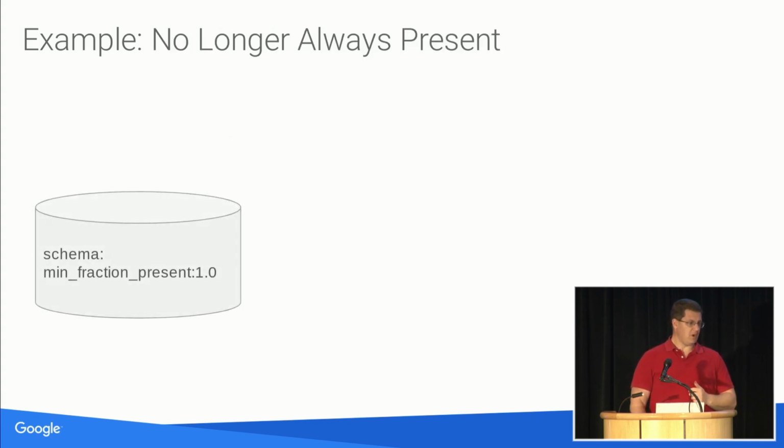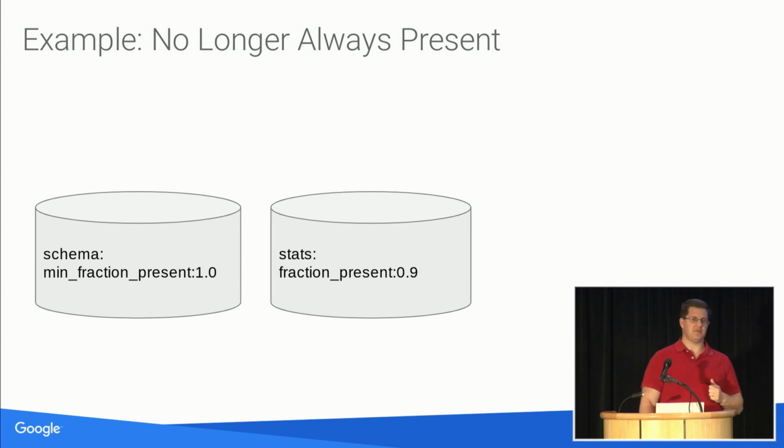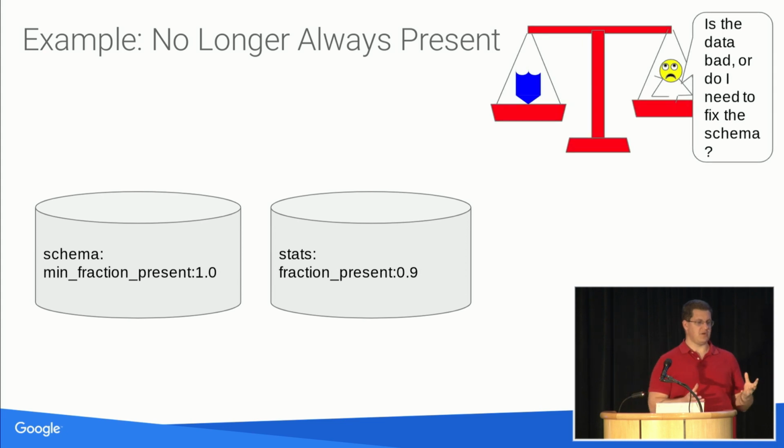Now, suppose that there's a problem with the schema or a problem with the data. And specifically what I mean by that is the schema says that the min fraction present must be 1.0. But the stats say that the fraction present is actually 0.9. So what's wrong? We're not sure if the data is bad or if we need to fix the schema.